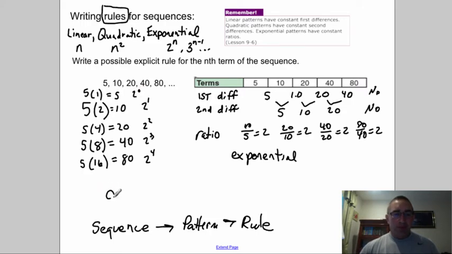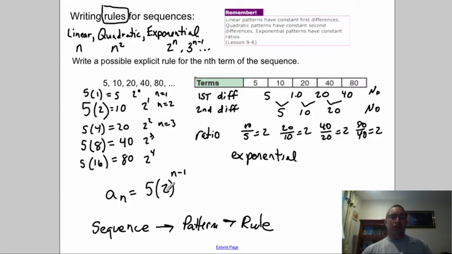So this formula starts out with a 5, and then we're multiplying by 2 to the n minus 1. So here n is 1, notice, and the 2 is to the 0 power. In the second term, the 2 is to the first power. In the third term, the 2 is to the second. So we're always 1 less than what term we need. And there's your pattern. I did the tough one first for you.